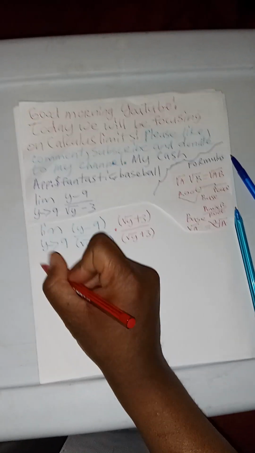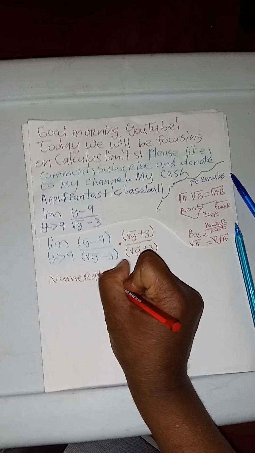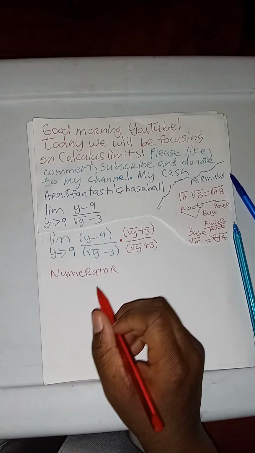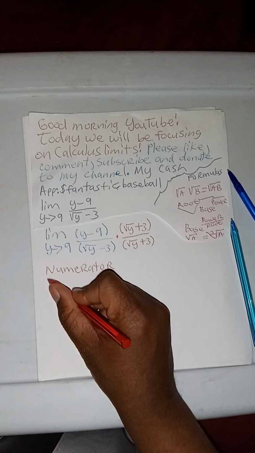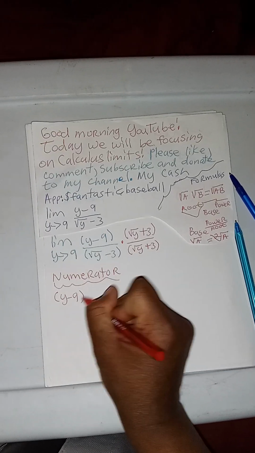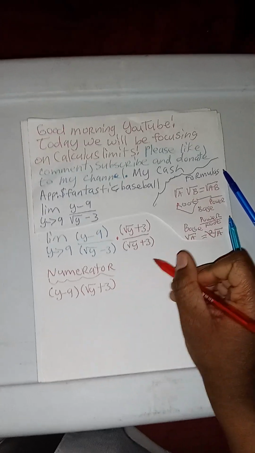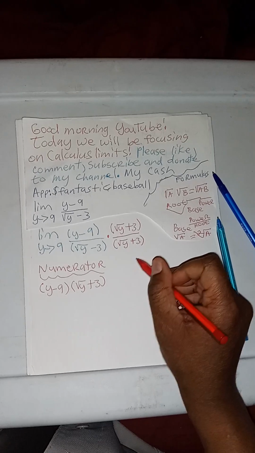Okay, so let's section this off to make it easier to follow. We're going to work with the numerator and denominator separately. So the numerator, we have y minus 9 times the square root of y plus 3 after we rationalize the denominator.